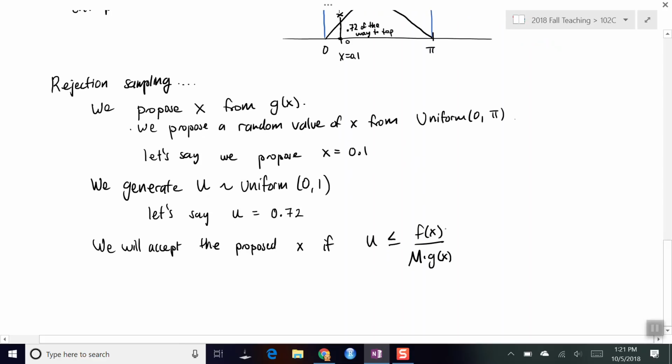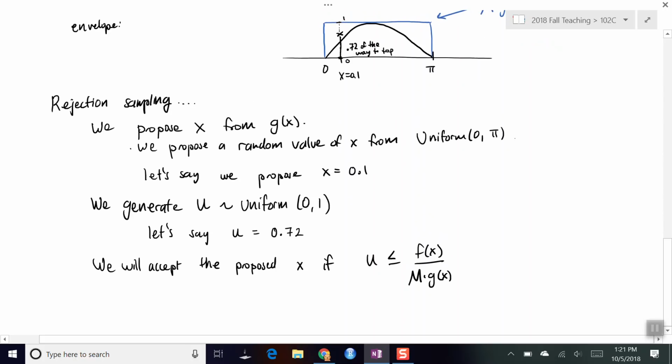So we look at the ratio between f of x divided by m times g of x. That ratio at the very top is 1, and so on. And if it's below where f of x is, we will accept the proposed x. Otherwise we reject the x.